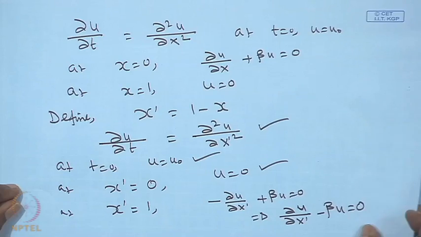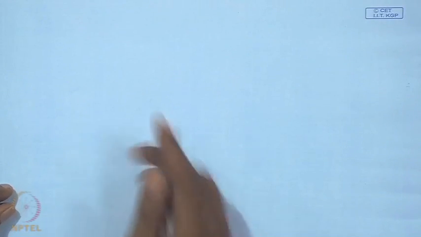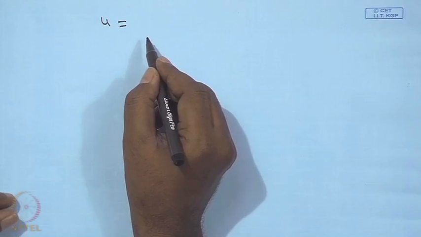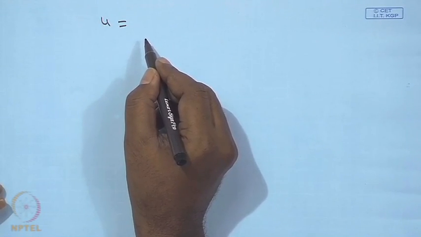So, let us see how this will affect our final solution. It does not affect much, only a plus sign becomes a minus sign in the transcendental equation that governs the eigenvalues.